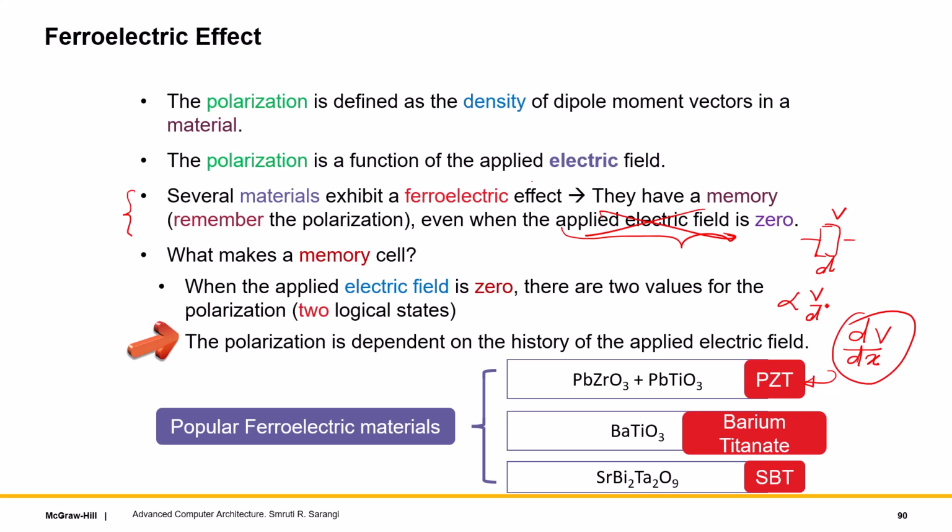And so when the voltage becomes zero, there is no derivative, so the electric field becomes zero. That was a small correction I needed to make over here.